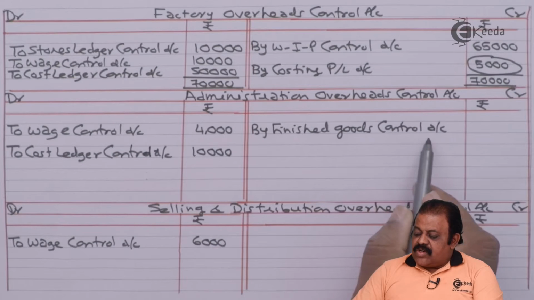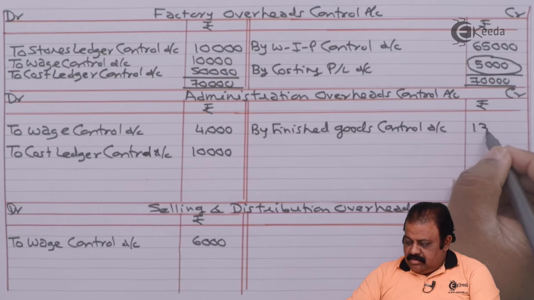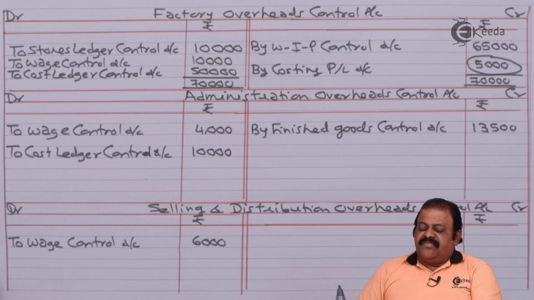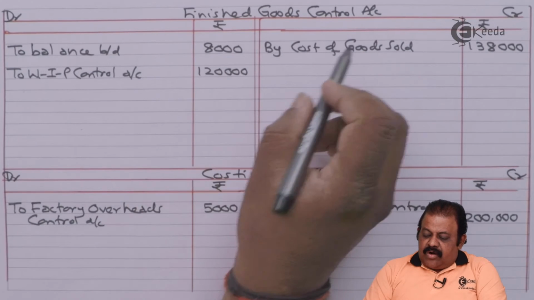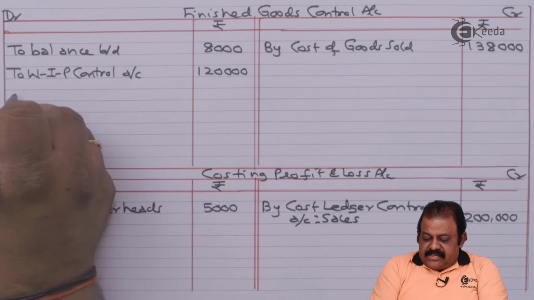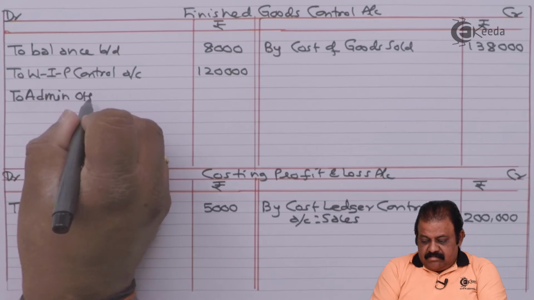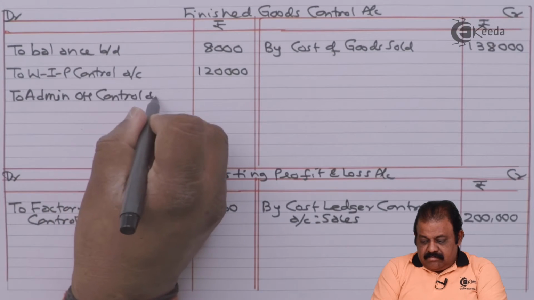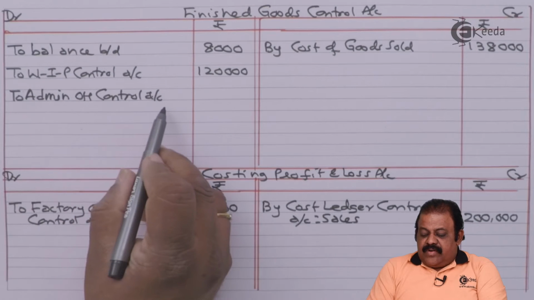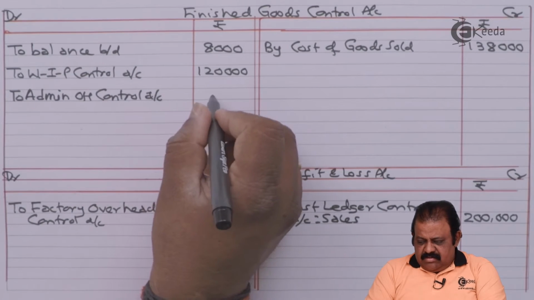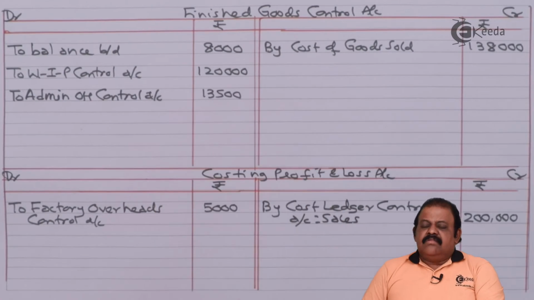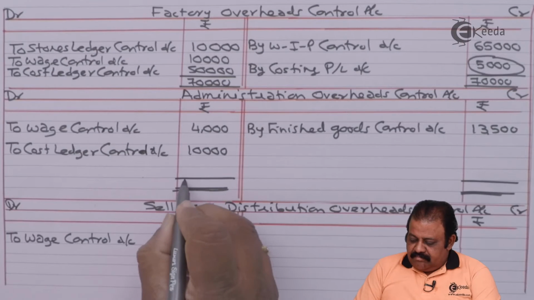By finished goods control account, 13,500. Finished goods control account, debit side, to administration overheads control account, 13,500.